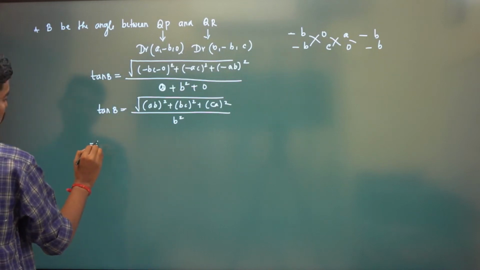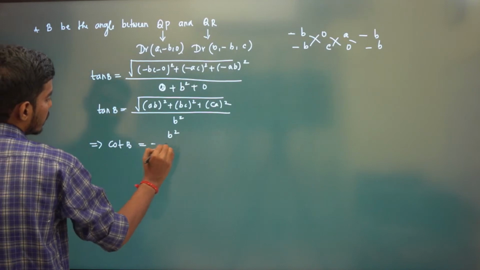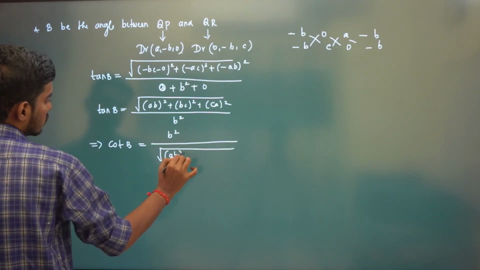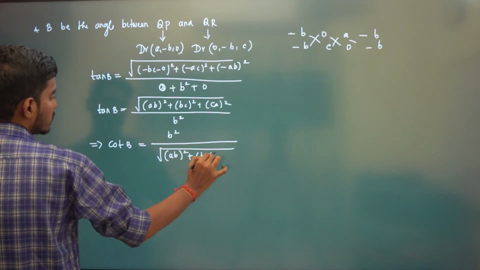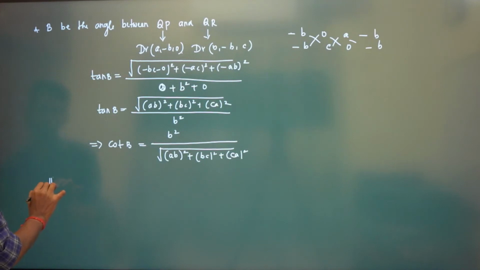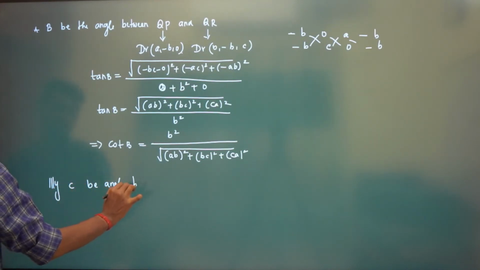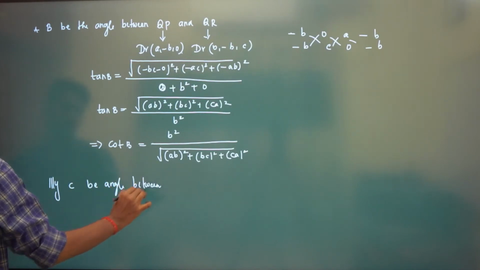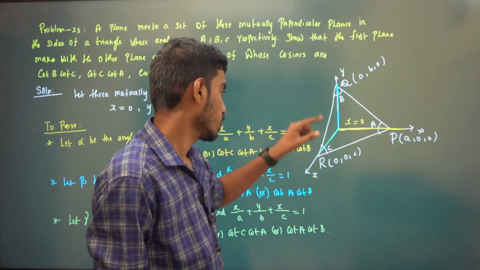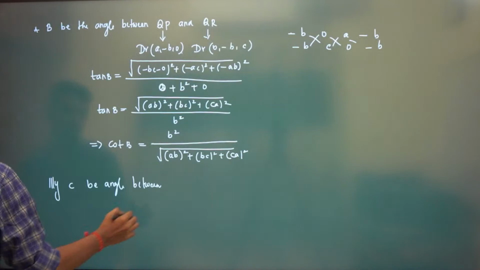This implies the value of cot B will be B square divided by square root of AB whole square, BC whole square, CA whole square. Right. Now similarly, let C be the angle between RQ and RP.